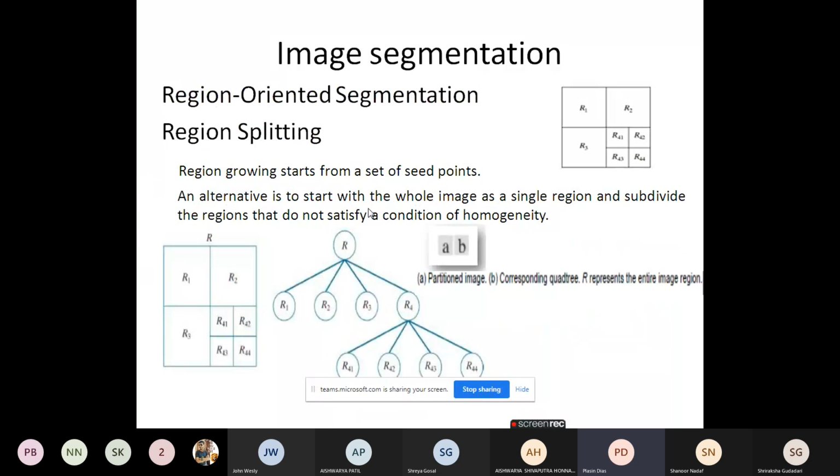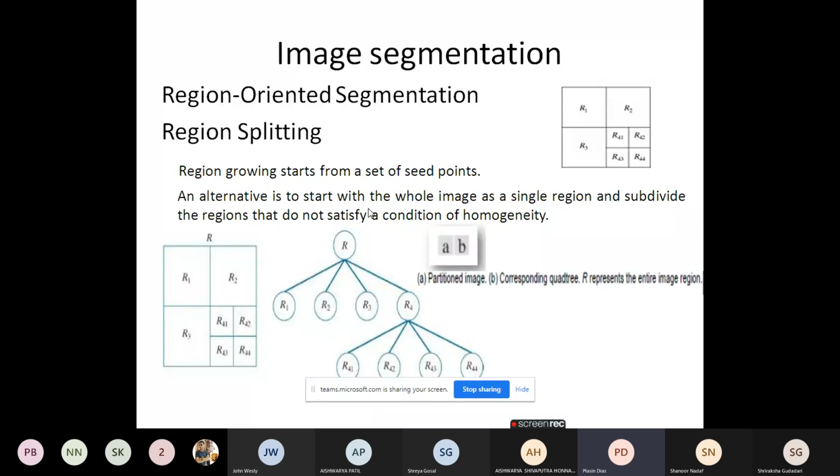What may be the alternative if you think of the whole image as a single region, or a subdivision of the regions? The alternative is to start with the whole image as a single region and subdivide those regions that do not satisfy a condition of homogeneity.